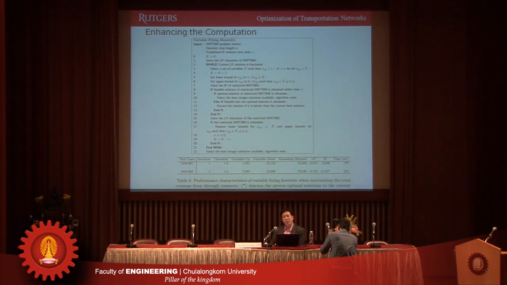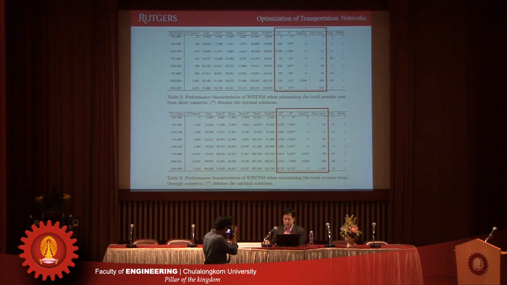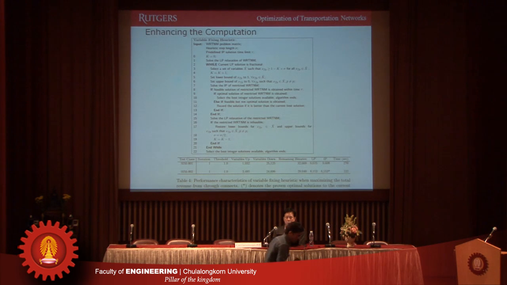So again, we're not satisfied. Can we do any better? Because we can still see that for a larger problem, it still takes us 508 seconds versus 1,500 seconds. Can we do better? So we came up with simple fixing rules, because we know that we have a very good linear programming relaxation, meaning that when we have a yes or no solution, we have a fractional solution.